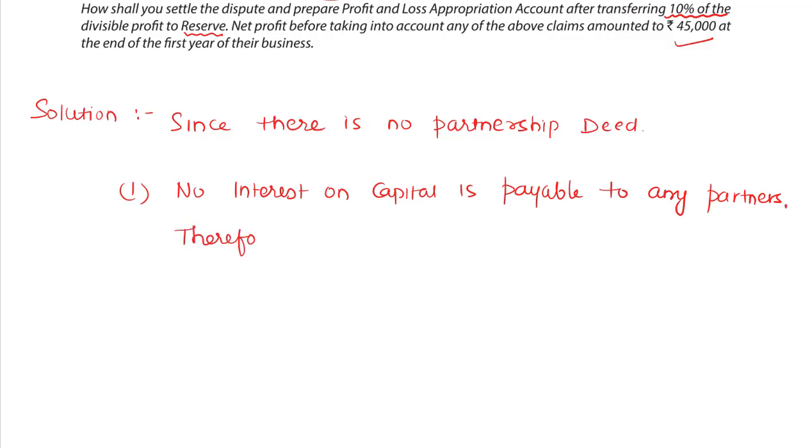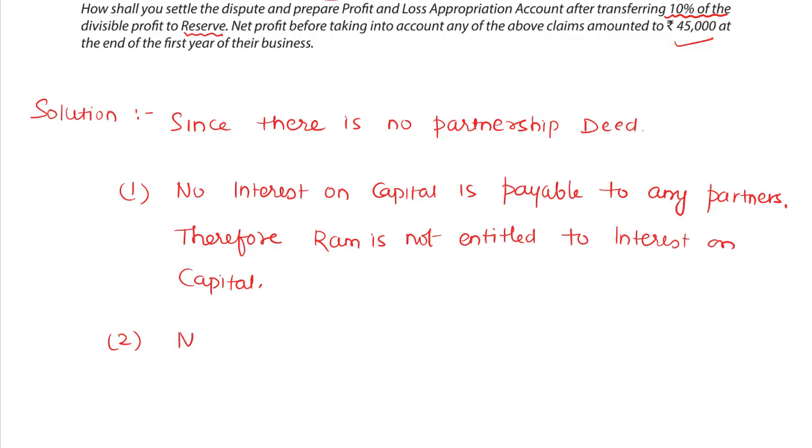Therefore, Ram is not entitled to interest on capital. Next, no remuneration is payable to any partners.